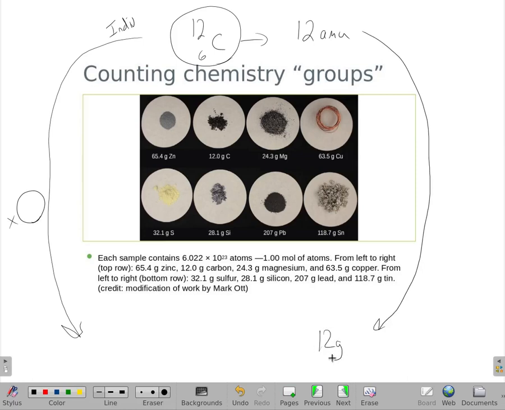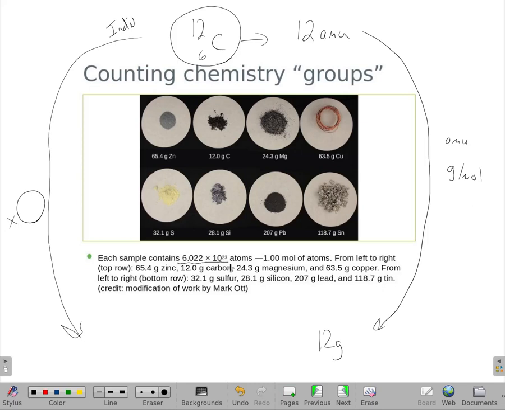So 12 AMUs is the mass of 1 atom, and they wanted to know how many atoms it would take to get a mass of 12 grams. The biggest reason they did that is to let us say that grams per mole is roughly the same as AMUs for everything. It turns out to be a really large number, Avogadro's number, 6.022 times 10 to the 23rd atoms.